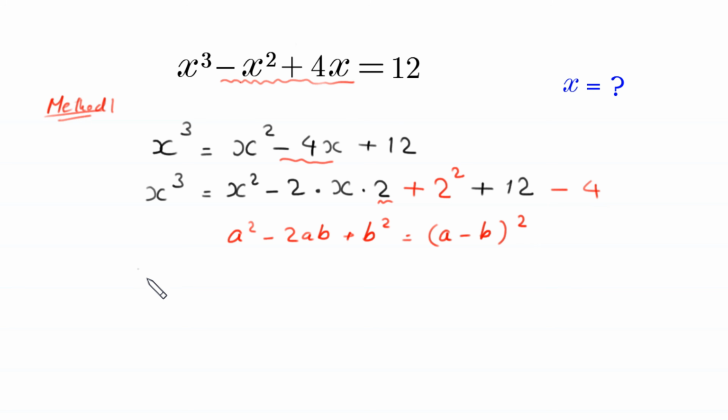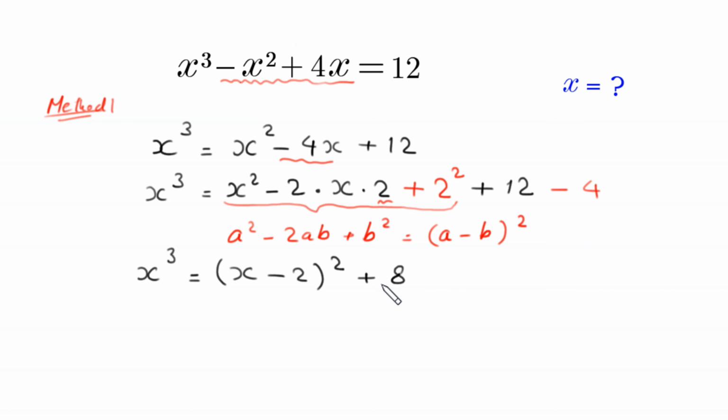Next, x cubed is equal to, now this expression x squared minus 2 times x times 2 plus 2 squared will become x minus 2 whole squared, and this 12 minus 4 will become plus 8.